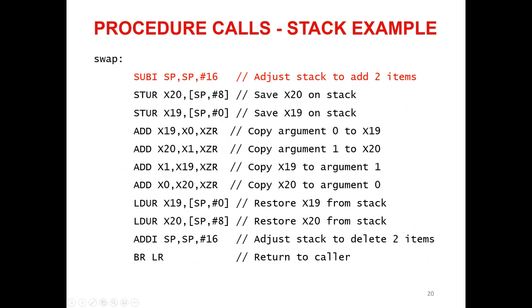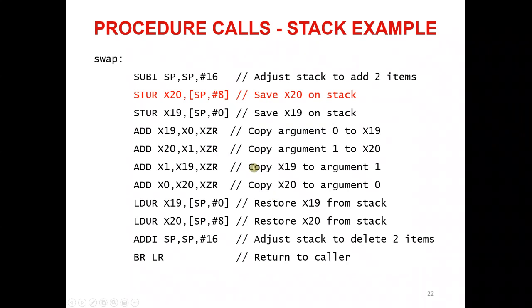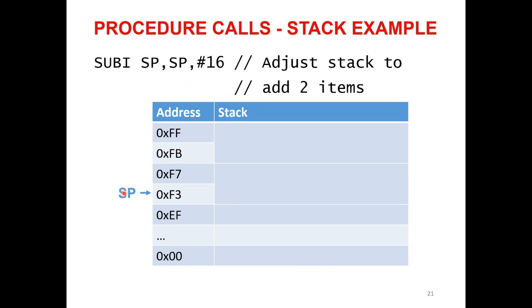So we have modified the stack pointer because we are going to add 2 items. The stack pointer now points to this address, and now we can use this space in my procedure. With the previous instruction, I have just modified the pointer, but I have not stored any information.